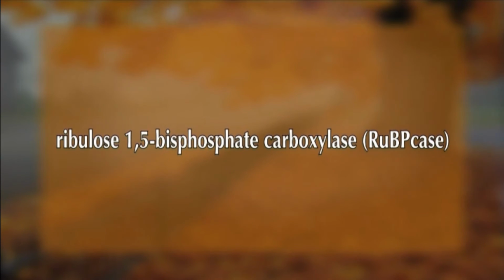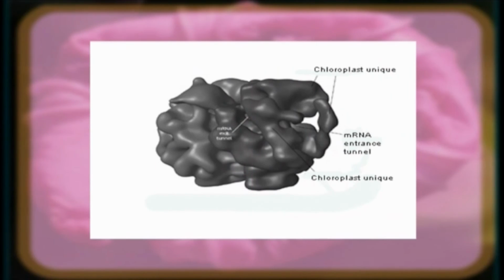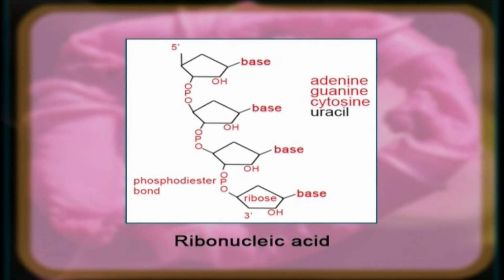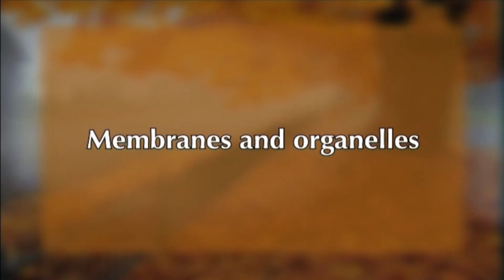ribulose 1,5-bisphosphate carboxylase, and the other enzymes which are synthesized on the chloroplast ribosomes. The loss of these enzymes is correlated with reduced ability of the chloroplast to synthesize protein and RNA, coupled with a reduction in the number of chloroplast polysomes. Number 5, membranes and organelles.